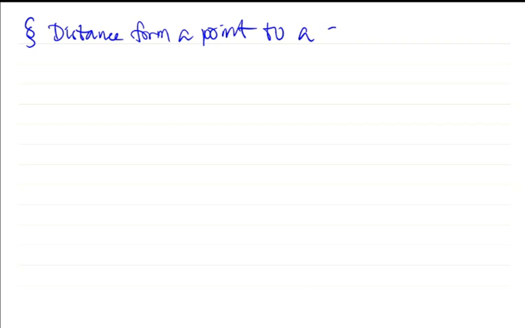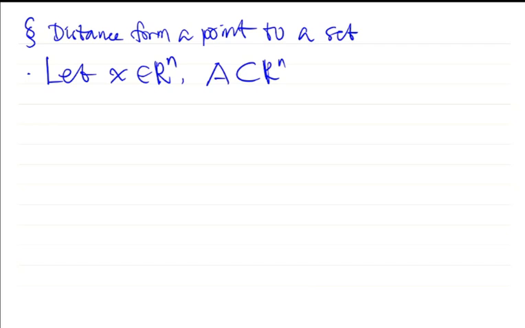Okay, in this section, we discuss a very useful concept, the distance from a point to a set. Here, suppose x is a point in R^n, and A is a subset of R^n.